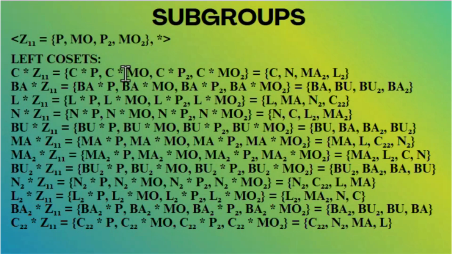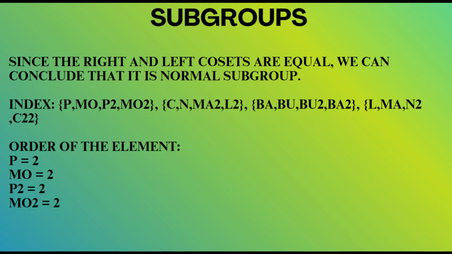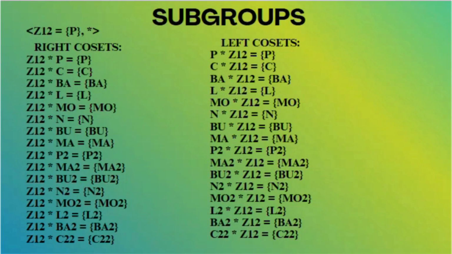For C star Z sub 11, it will be C star P, C star MO, C star P2, C star MO2. It will be equal to C, MA2, L2. So it's just the same as our right coset. For the trivial subgroup, of course, it's the identity element.